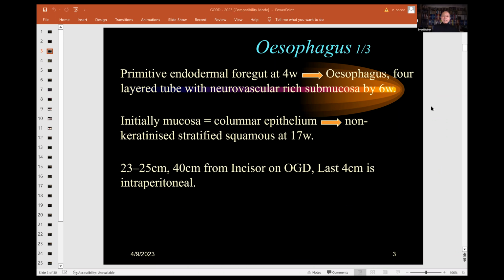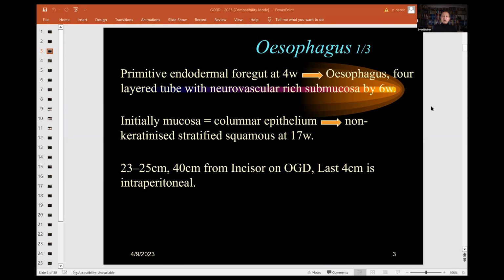But then subsequently, towards 17 weeks, this mucosa changes to stratified squamous one for protective reasons. Only the last 4 centimeters of the esophagus, which is intraperitoneal, will be lined by columnar epithelium.